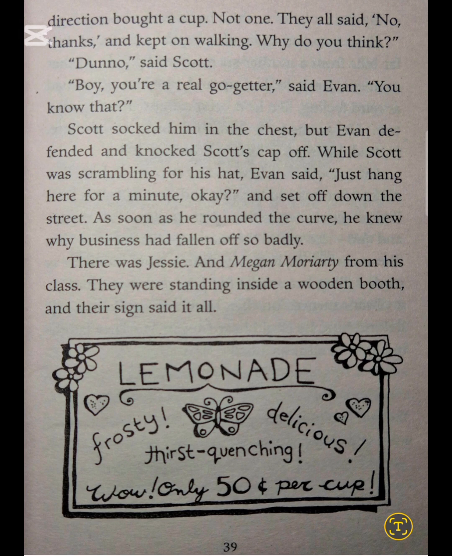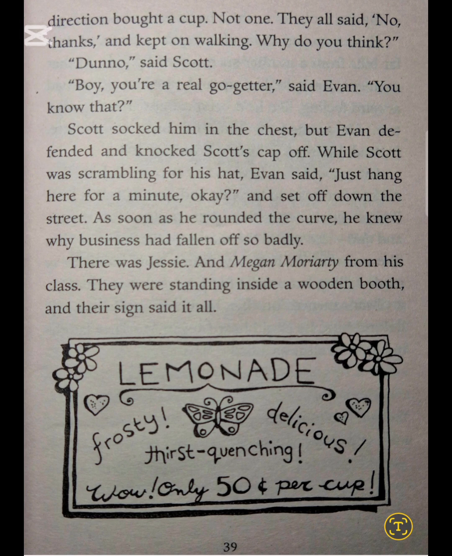As soon as he rounded the curve, he knew why business had fallen off so badly. There was Jessie and Megan Moriarty from his class. They were standing inside a wooden booth, and their signs said it all.